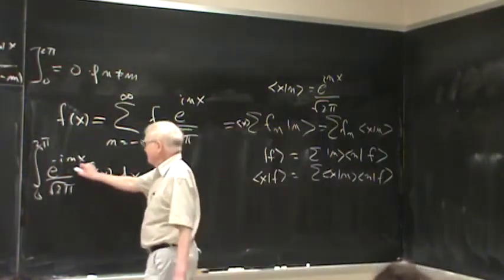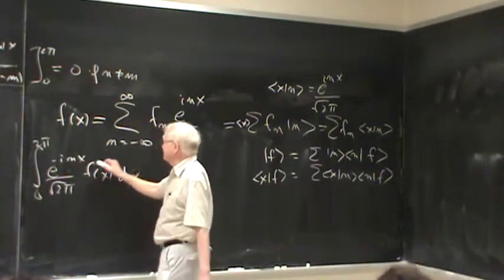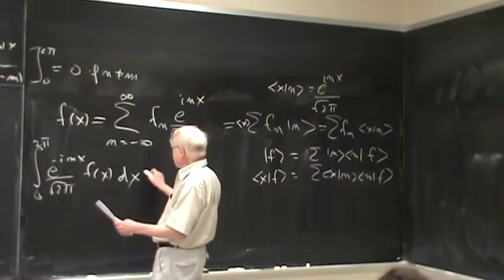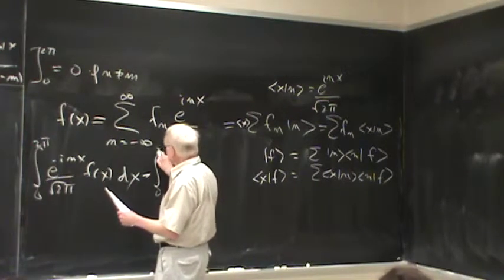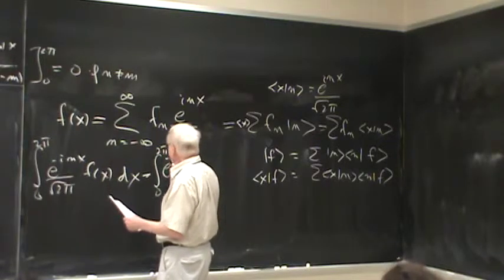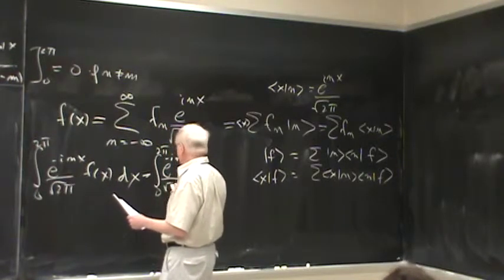Well, anyway, the formula for this f n comes out this way, because if we put in this integration, we have e to the minus i n x over square root of 2 pi.